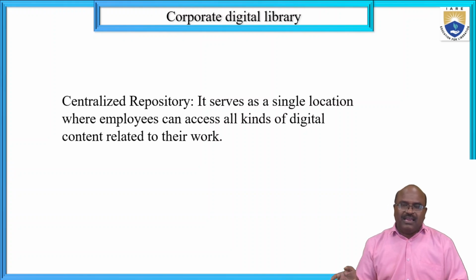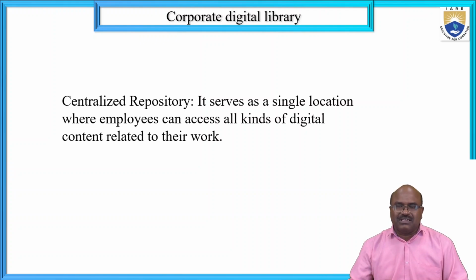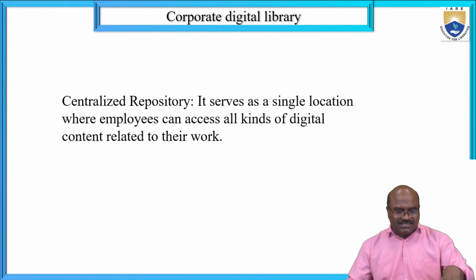Whenever information is required from anywhere in the world, we can extract or download it with the help of the server, because the entire system is connected to the server.